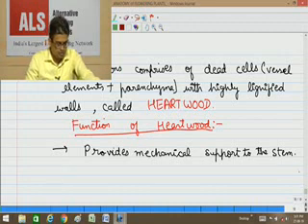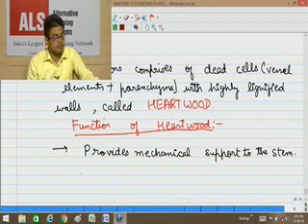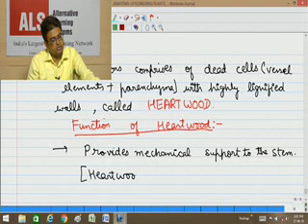One more thing, heartwood does not contain water and minerals. Heartwood is dead, and even though it is dead, it is fully blocked.